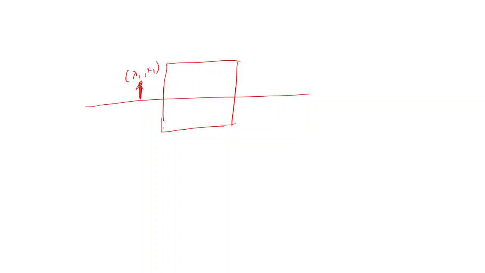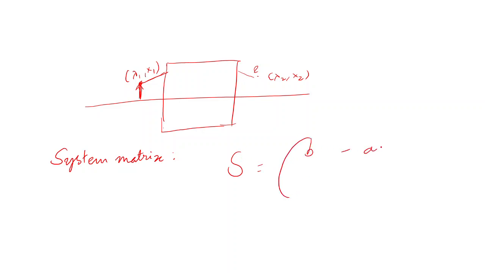I would like to figure out, when the ray is leaving the system, what the coordinates lambda 2, x2 are. So in general I can write something called a system matrix, usually written as S, which is written as B, minus A, minus D, C.